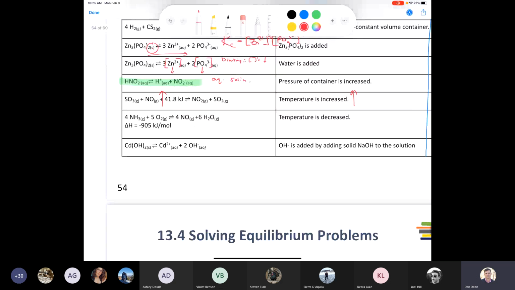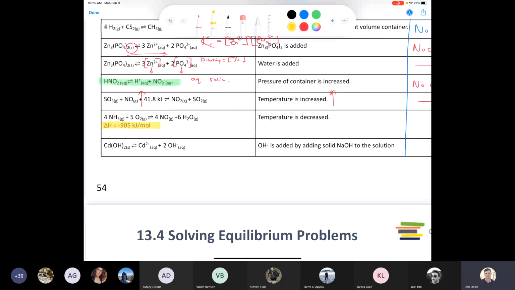The next one, could anybody tell me, is this an endothermic reaction or an exothermic reaction? My delta H is negative 905 kilojoules per mole. It's exothermic, when it's negative. So if it's exothermic, that means we can write the heat as a product, 905 kilojoules per mole, like that.